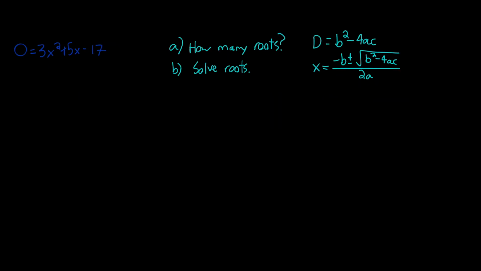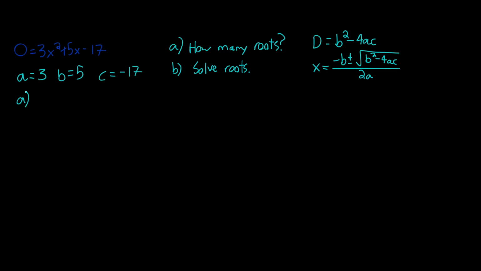Okay, so we're going to start with part A, which is solving for how many roots the function has. To solve the number of roots, we're going to use the discriminant, which is b squared minus 4ac. So a is equal to 3, b is equal to 5, and c is equal to negative 17.